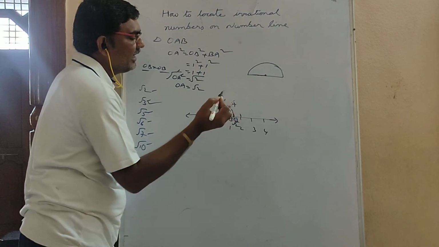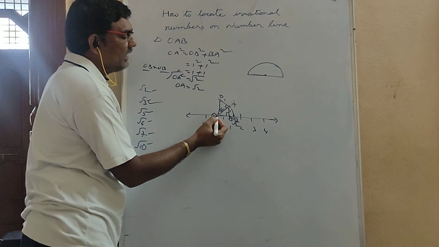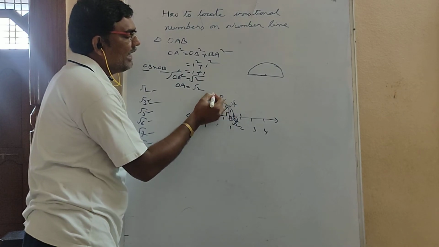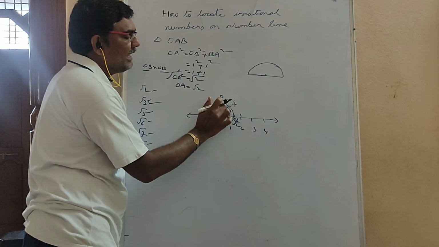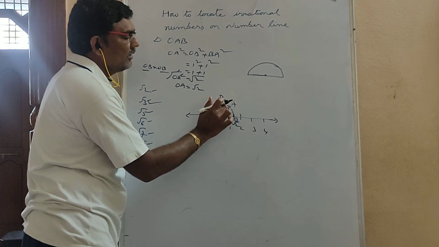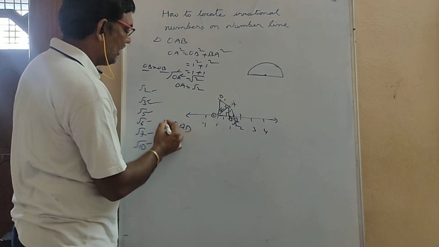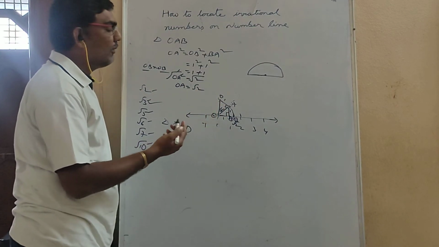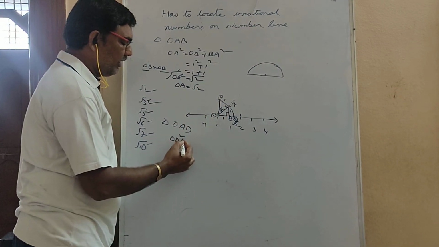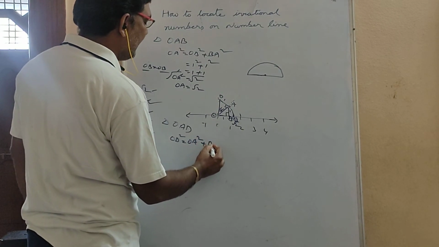What is OAD? OAD is a right angle triangle. How can you say? Just now I said that you have to draw AD perpendicular to OA, which means at angle A 90 degrees is there. So OAD becomes a right angle triangle. Can you apply Pythagoras theorem for this or not? You can apply it. That is OD square is equal to OA square plus AD square.